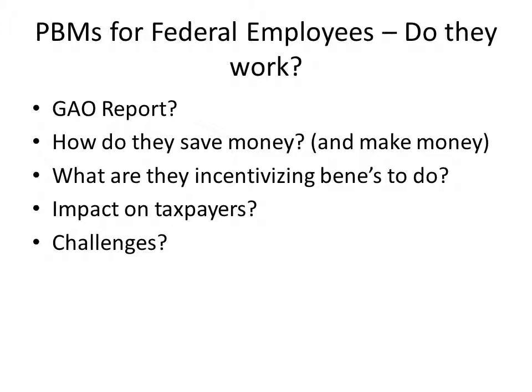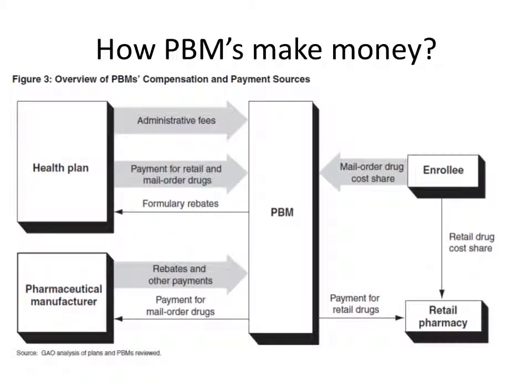So, impact on the taxpayers: it's good to use PBMs on the government side because they help us out quite a bit and they save us some money, so we like those. Now, what's the challenge? The challenge is that they have a lot of power. These PBMs are getting money from a variety of different sources. Here you can see, if you look at the gray arrows, that's the money coming to them.